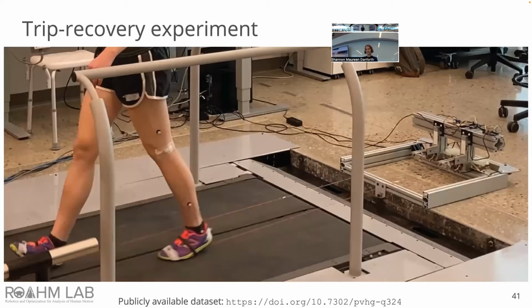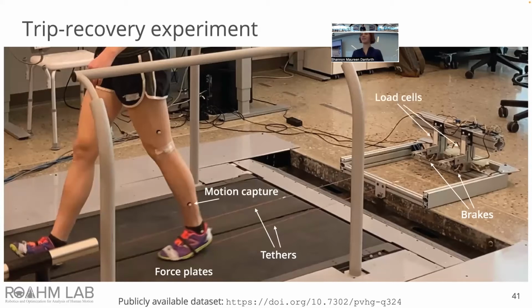So to generate these predictive trip recovery models, we ran a trip recovery experiment using tethers attached to subjects' feet. And we applied brakes to the tethers during certain points of the swing phase in order to temporarily stop the forward motion of the foot. So as if the subject was running into an obstacle. And we used various sensors to collect data during this experiment, such as motion capture, force plates on the treadmill, and load cells measuring tether force.